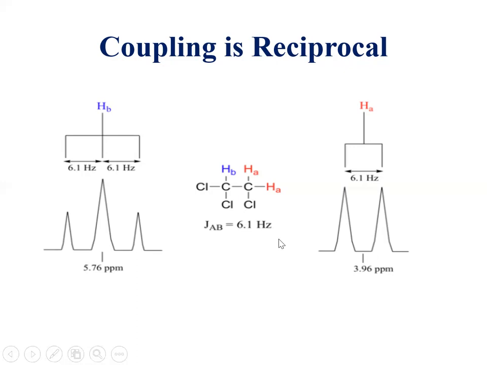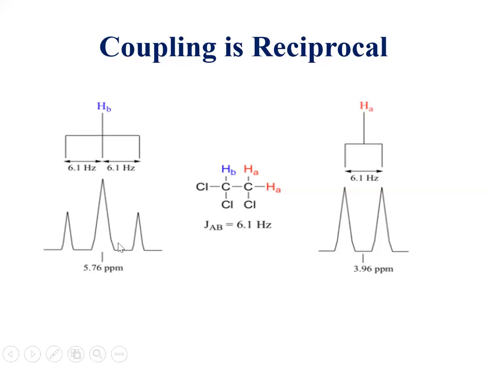So by n+1 we can calculate the multiplicity of the signal obtained due to B type protons. So 2+1 will be 3, and we get the signal of B type protons slightly towards the downfield side because there are two electronegative chlorine atoms attached to this carbon atom that will reduce the electron density around this type of protons. When there is lesser electron density, there is less opposing effect on these protons.